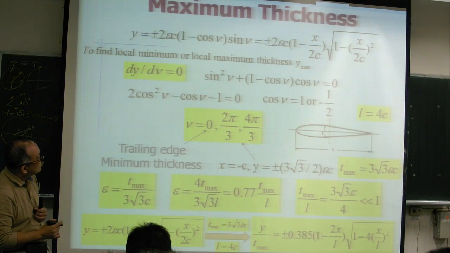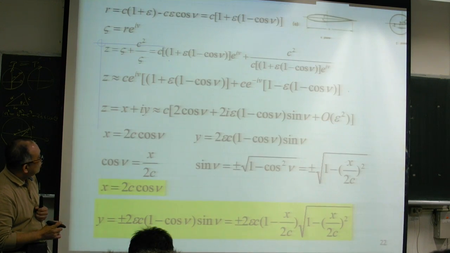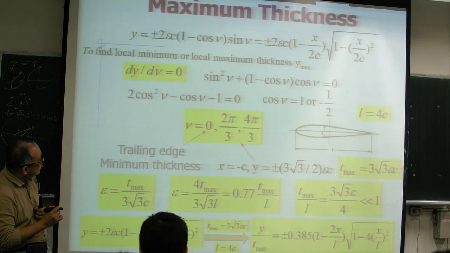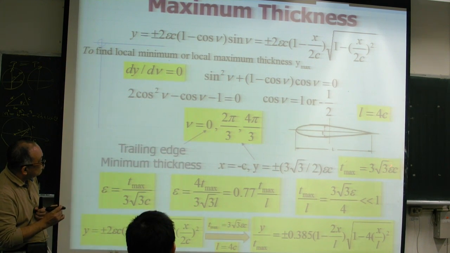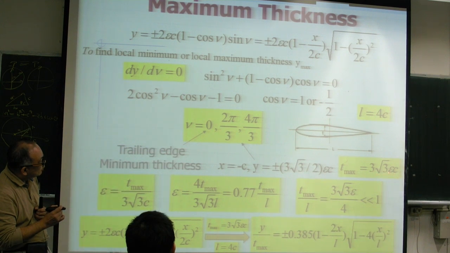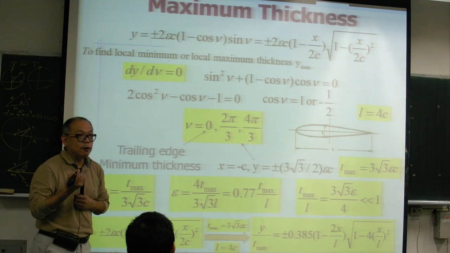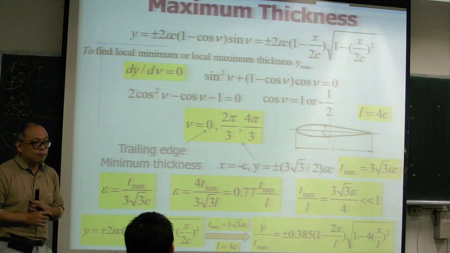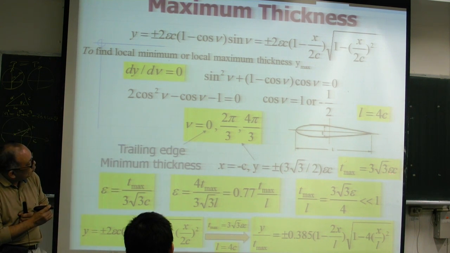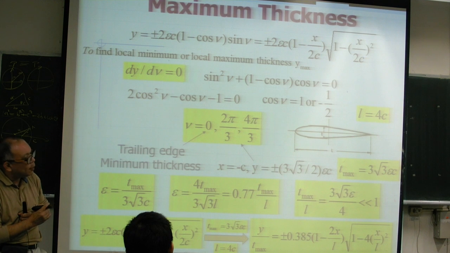As you can see, the airfoil thickness here will be equal to 3 times square root of 3 times epsilon c. Epsilon c is equal to m, 对不对？所以 m 就代表什么？你可以去调那个 m，去调它的厚度。Okay. So you can adjust this m, epsilon c here, to give you the t measurement.